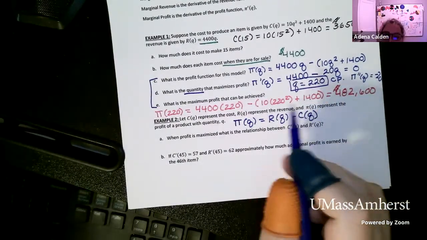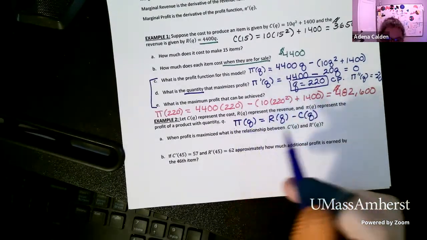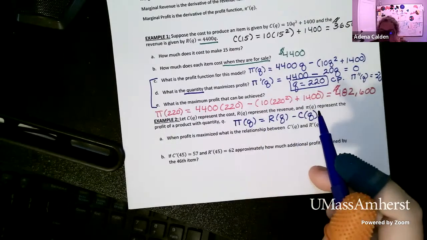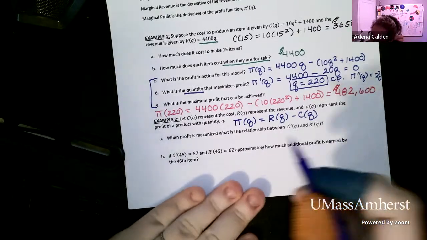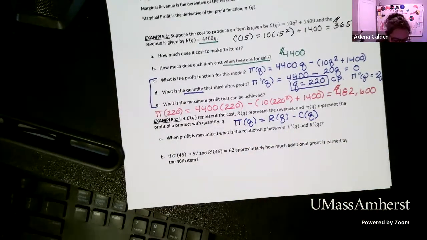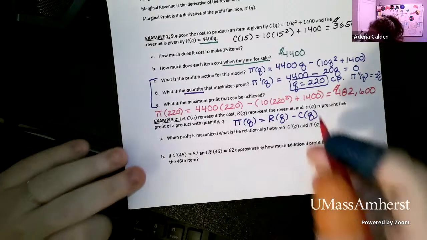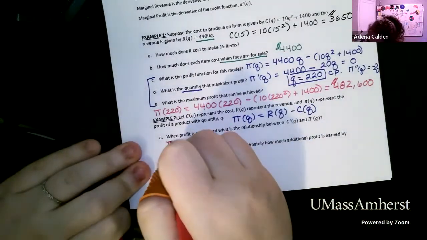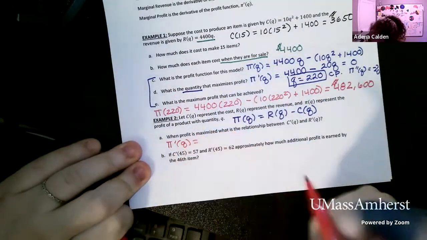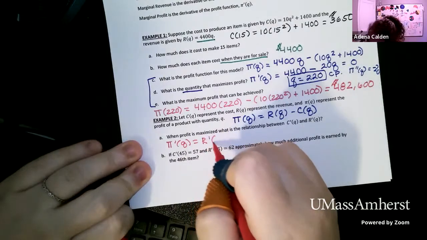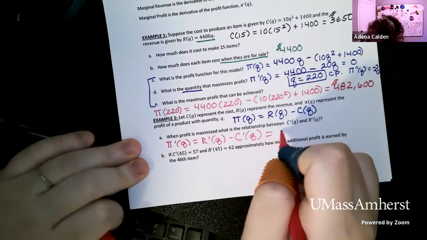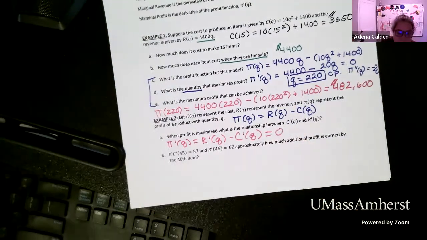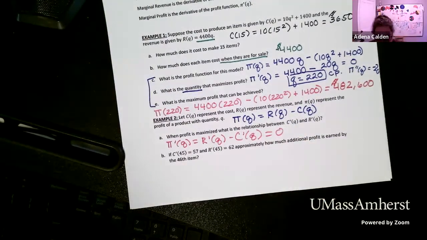If we were going to try to maximize this in a general way, we would need to find critical points by thinking about when the first derivative equals 0. So the first derivative of our function is going to be marginal revenue minus marginal cost. And we want to know, when does that equal 0?